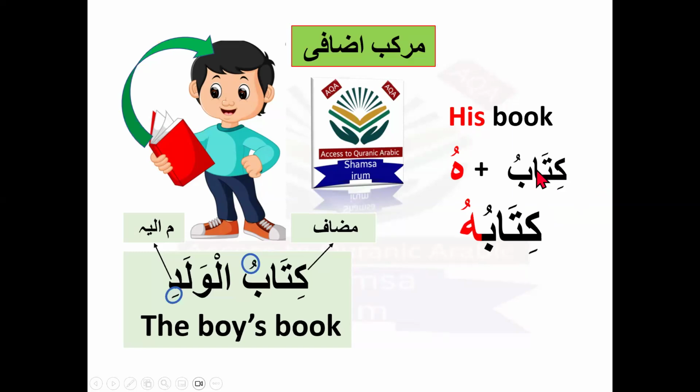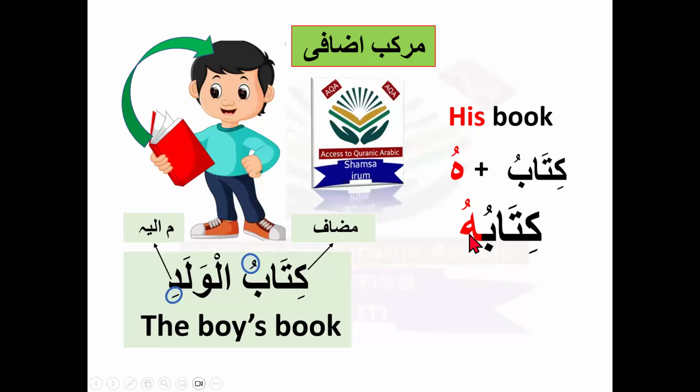When you attach the ism with the pronoun, it will become a murakkab izafi. Always, always, always. Okay, it's a very important point. That's why I emphasize it: whenever a pronoun is attached with an ism, with a noun, there is only one option, that it will be murakkab izafi, and that pronoun will be mudaf ilayh.